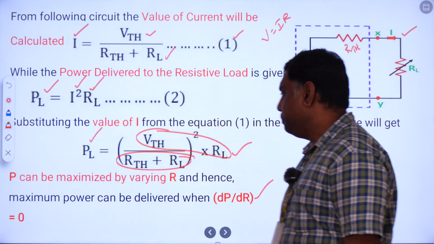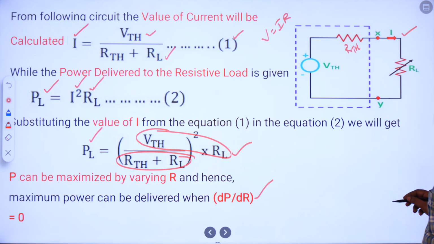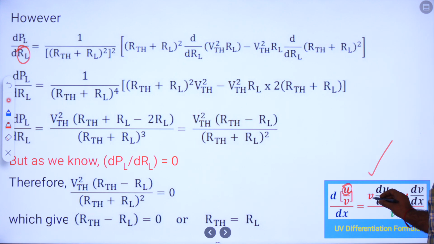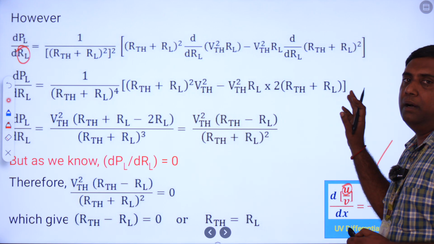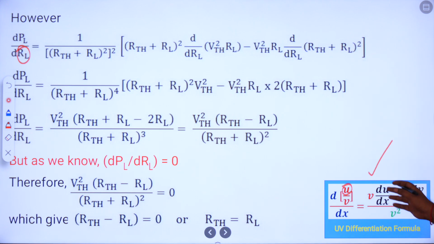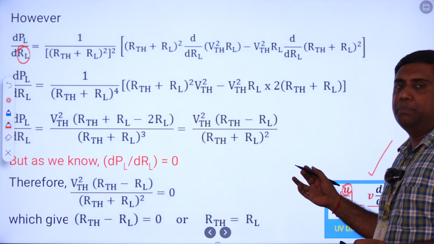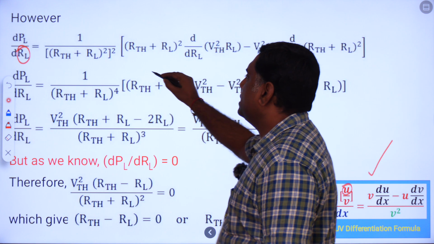So the formula is V into du by dx minus u into dv by dx. As per this formula, we substitute into the power equation to prove that maximum power can be transferred.